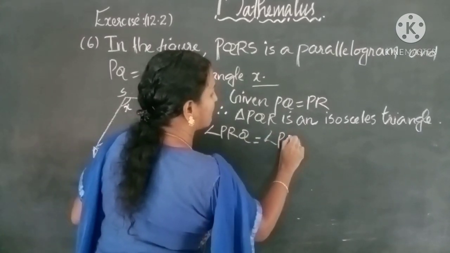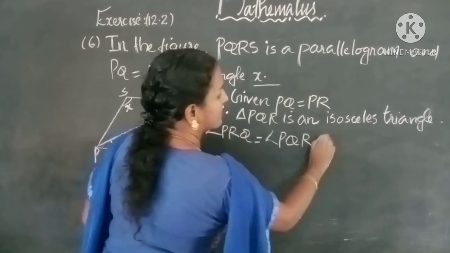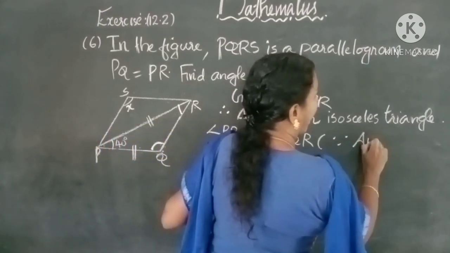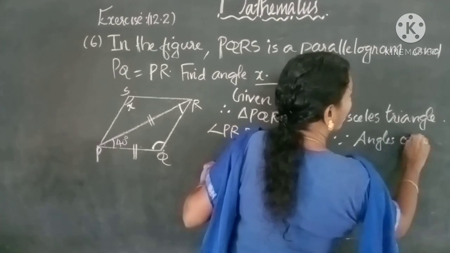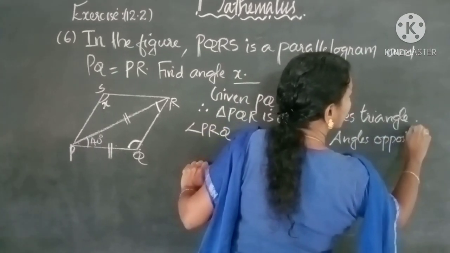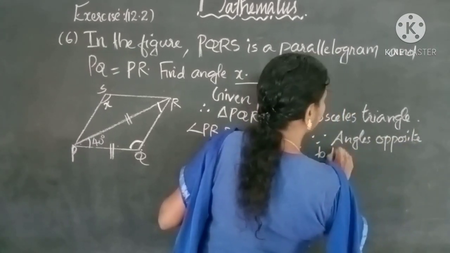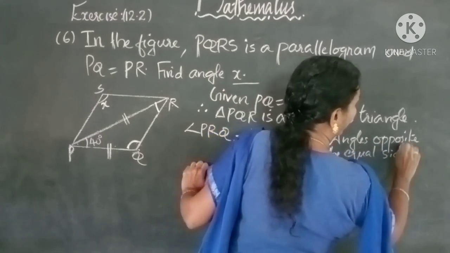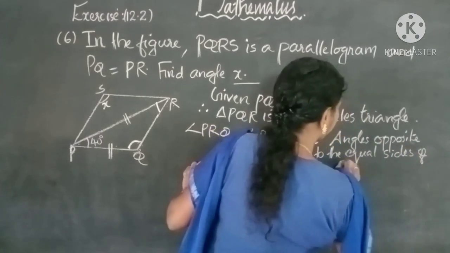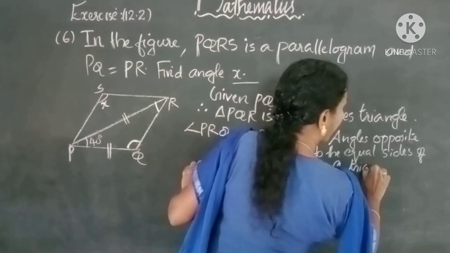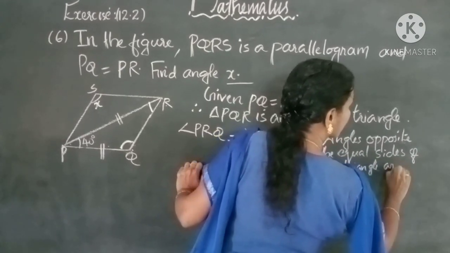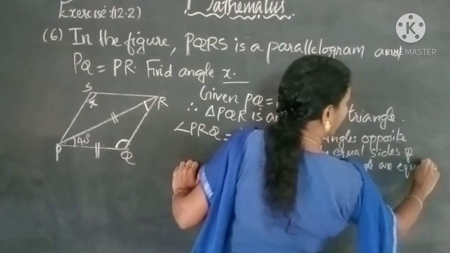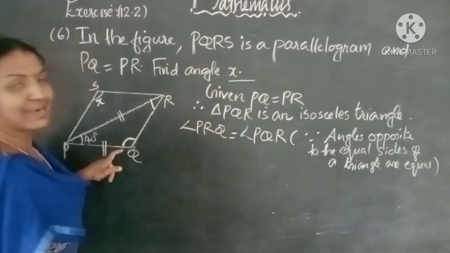Reason? Angles opposite to the equal sides of a triangle are equal. These two angles are equal.